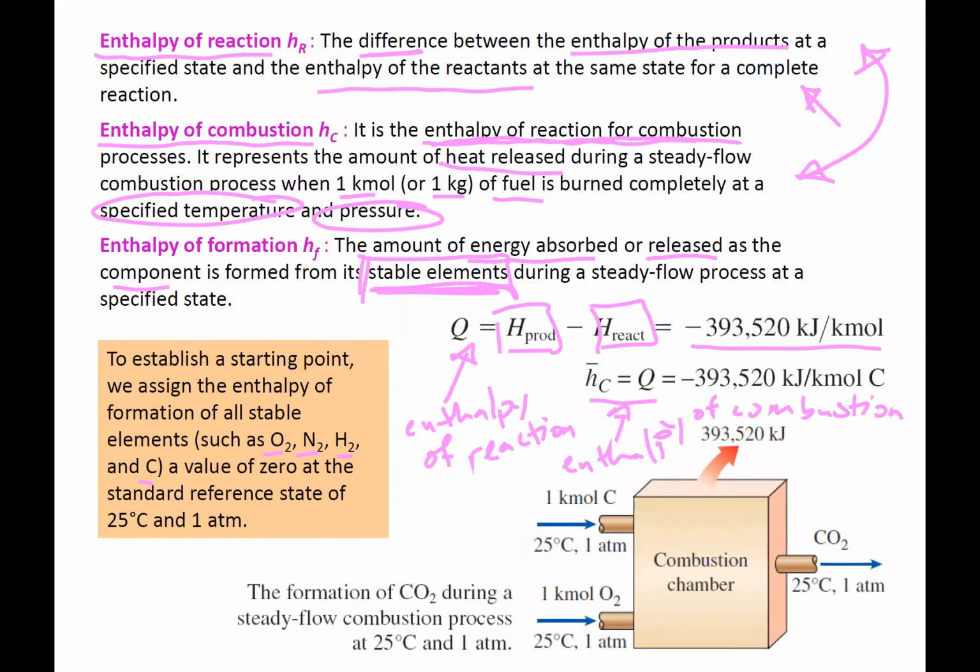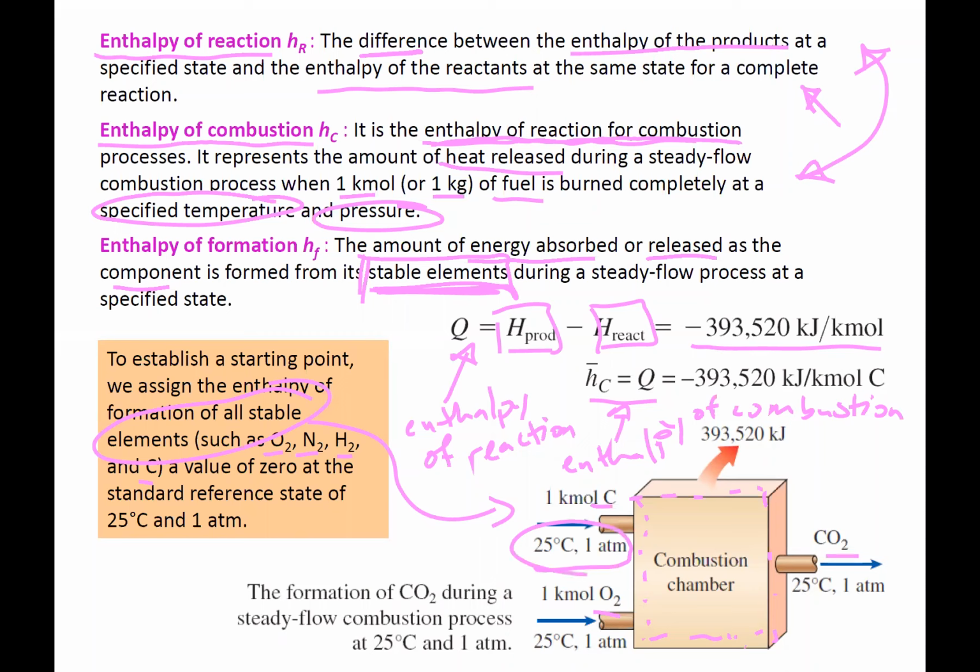All right, so here you're seeing it. Our combustion chamber is our boundary. We have carbon going in, we have oxygen going in. Those are our stable elements, right? Carbon and oxygen are the stable elements, and they're forming CO2.